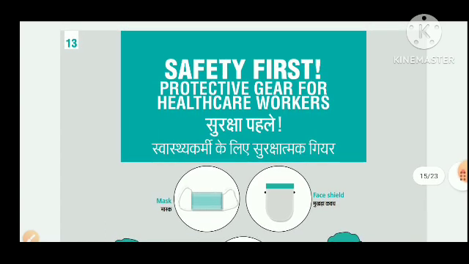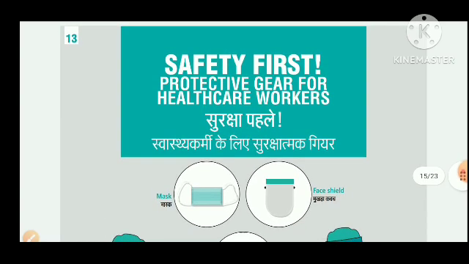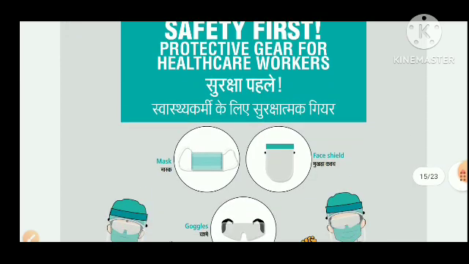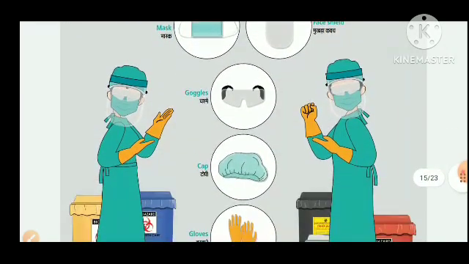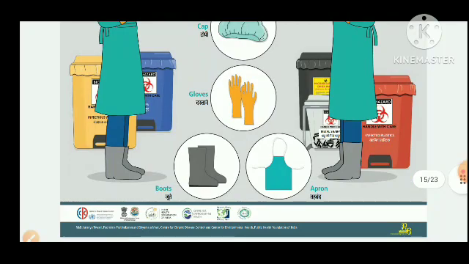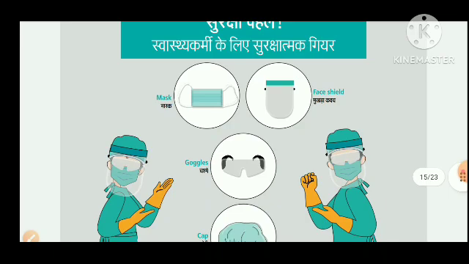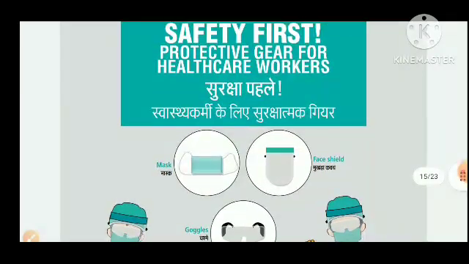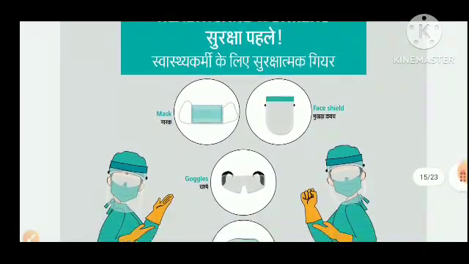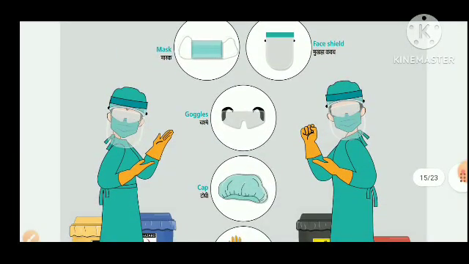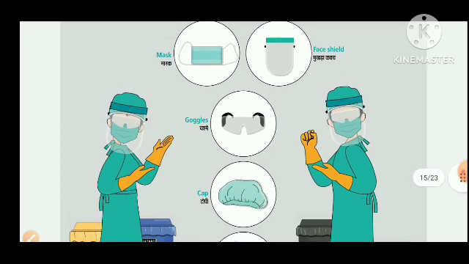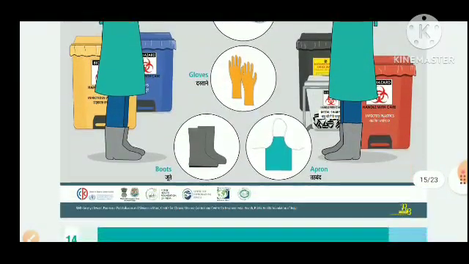Here are some of the protective gear for the healthcare workers for safety: mask, face shield, goggles, caps, gloves, boots, aprons. So there may be a 1 mark MCQ also, which among the following is not the protective gear for the healthcare workers. So options will be all of these or some of these will be given, and one will not be there, another thing will be mentioned. So you have to see the options and take the correct answer.